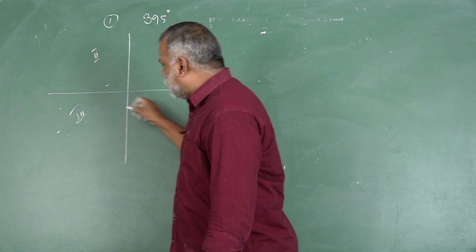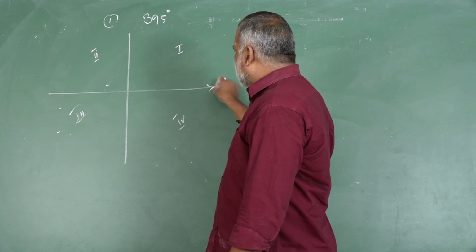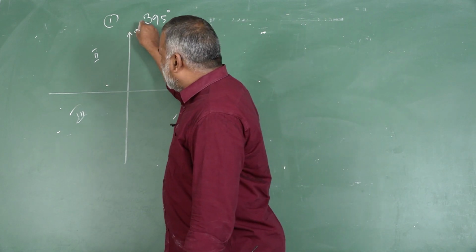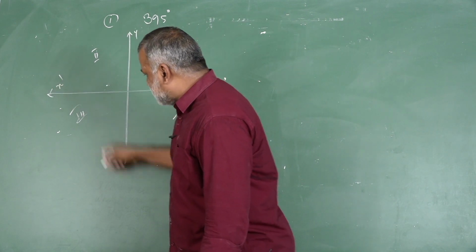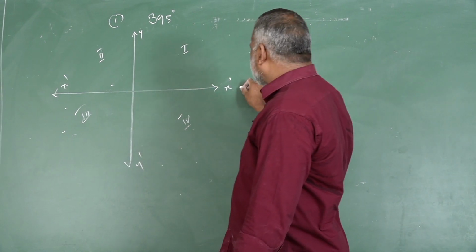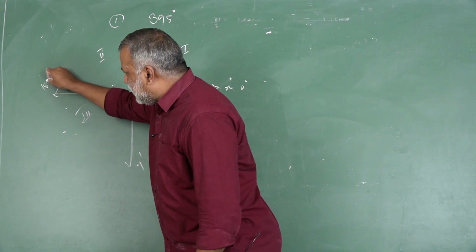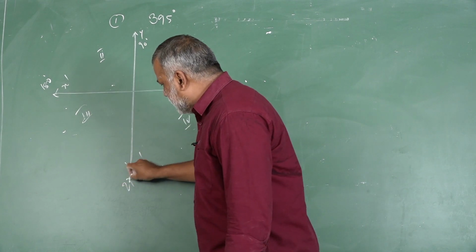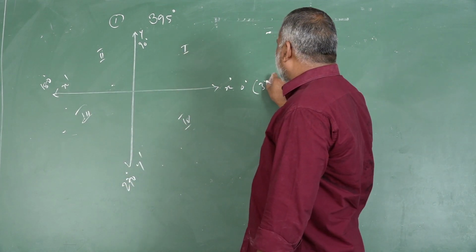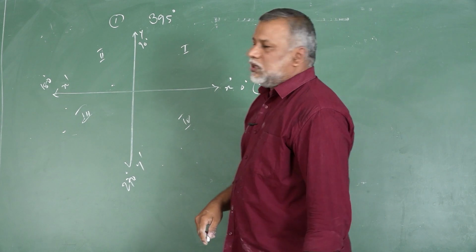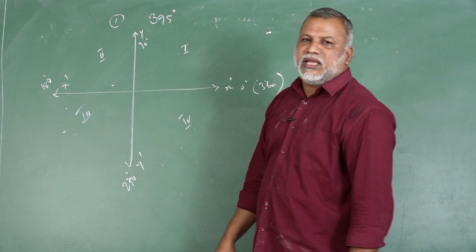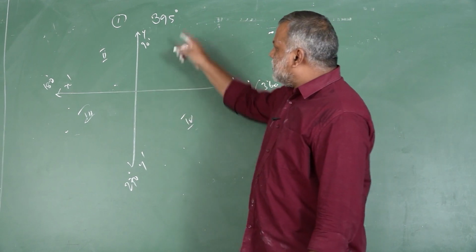Here x axis, y axis, x dash, y dash, 0 degree, 90, 180, 270, again 360.